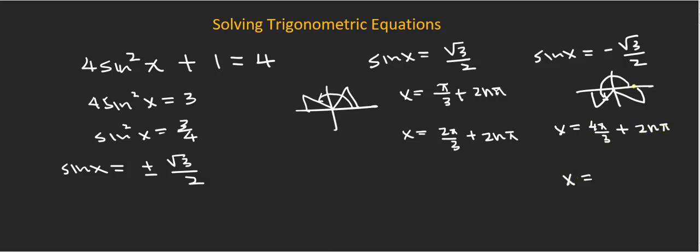And what about this one right here? Well, that's going to be 2 pi minus pi over 3, which is going to be 5 pi over 3 plus 2n pi. So make sure you put all these 4 for the solution.